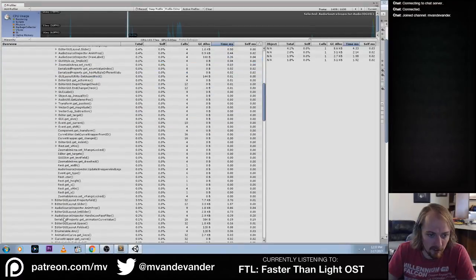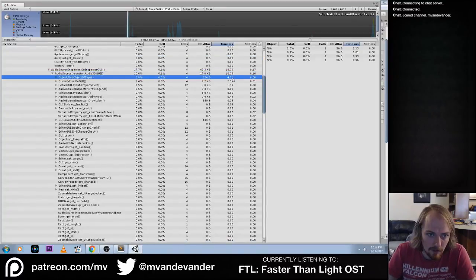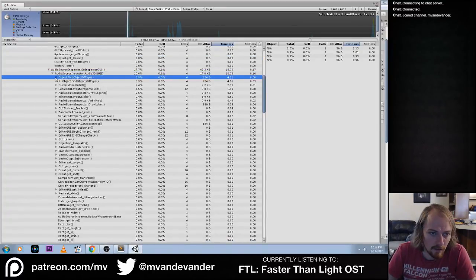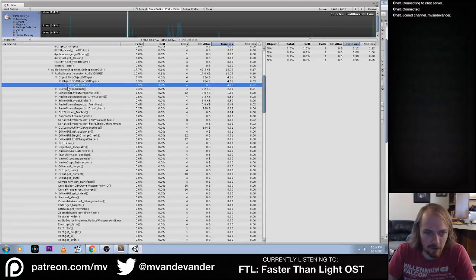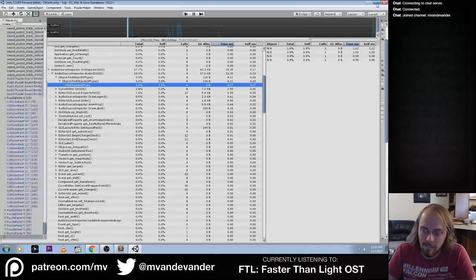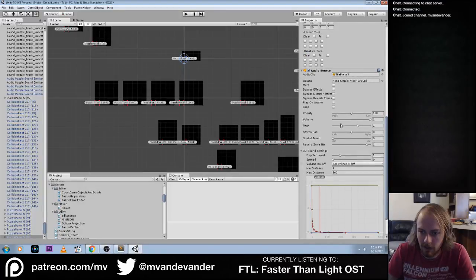It looks like it's just doing a lot of little things, but what is it? What is even going on? Because there's an audio source thing here, but is it literally every time recalculating something with this audio source thing?